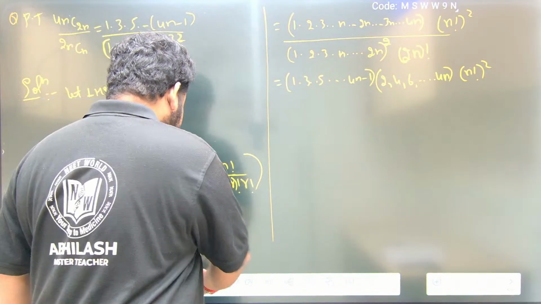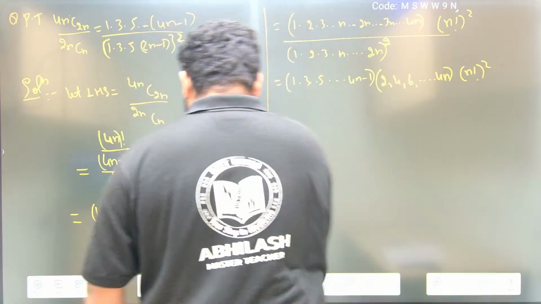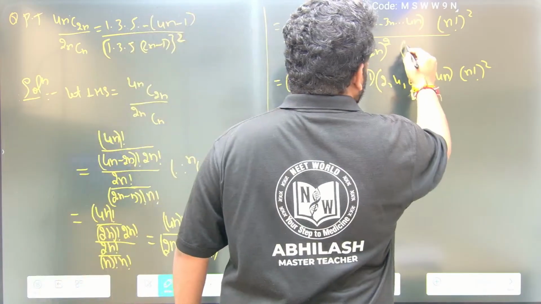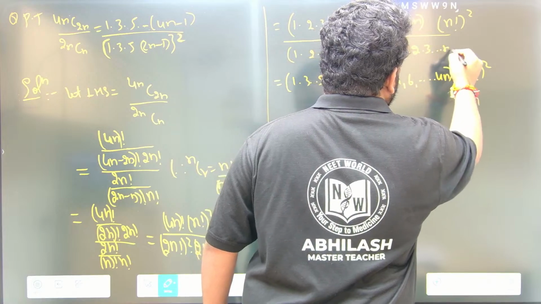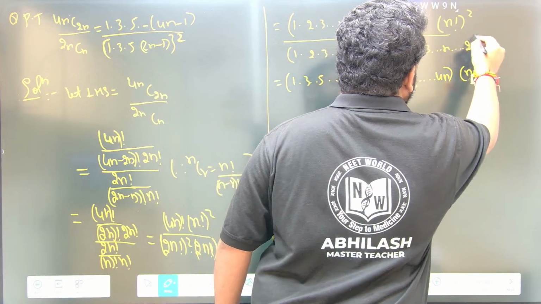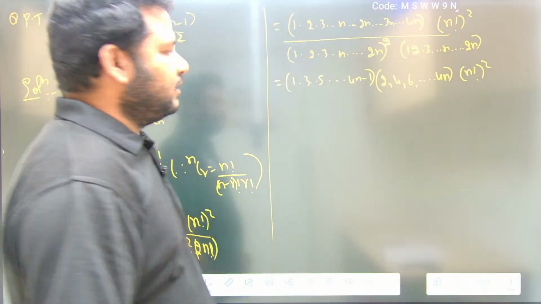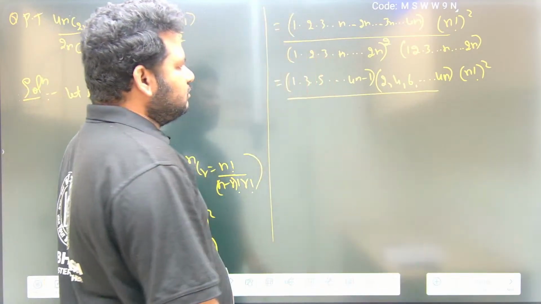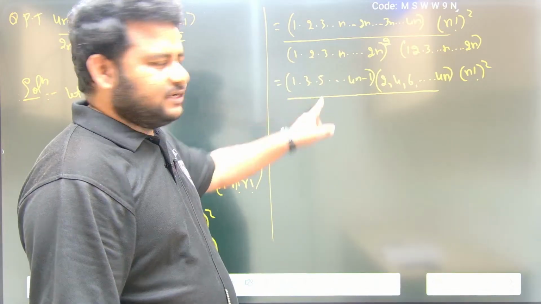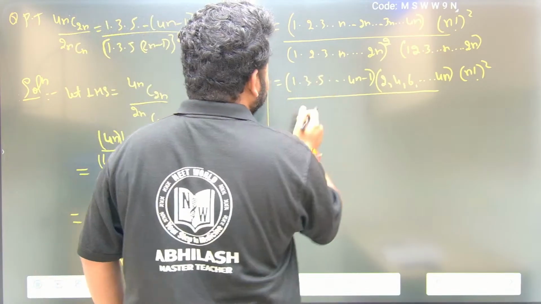Now here, this 2n factorial, I can write it as 1, 2, 3, up to n, up to 2n. Divided by what I am having here.